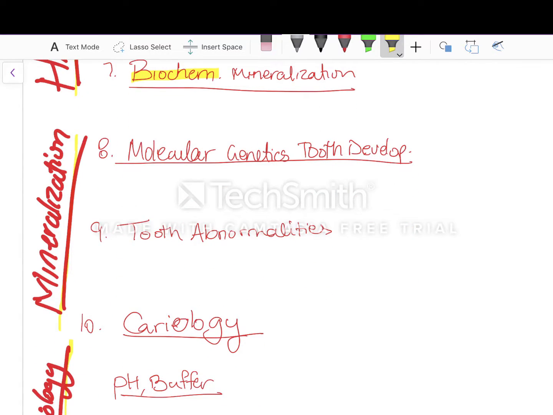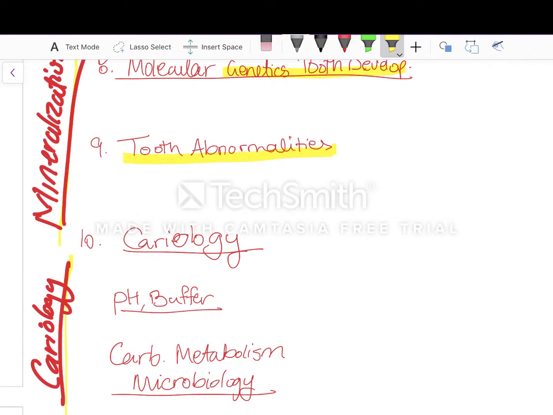Then we will talk about the genetics of tooth development and how that causes genetic changes and genetic anomalies, which can cause some abnormalities. And then we will just talk about the basic tooth abnormalities, such as a tooth that doesn't erupt, or too much cement, or bend at the roots. And then you will learn different names for these.